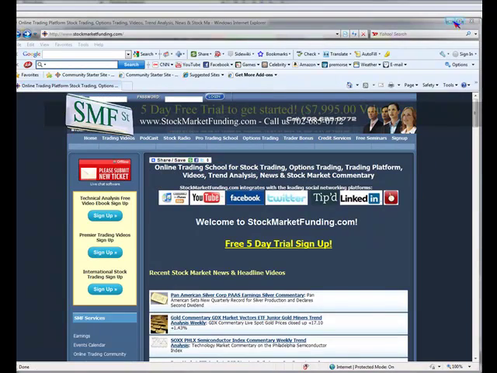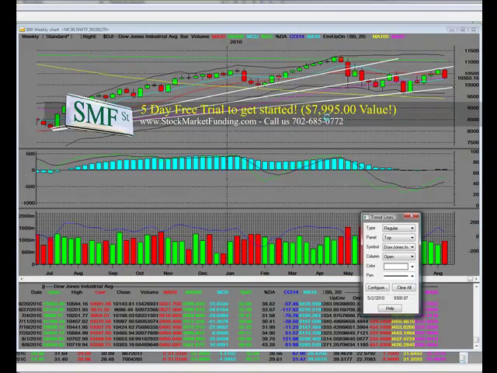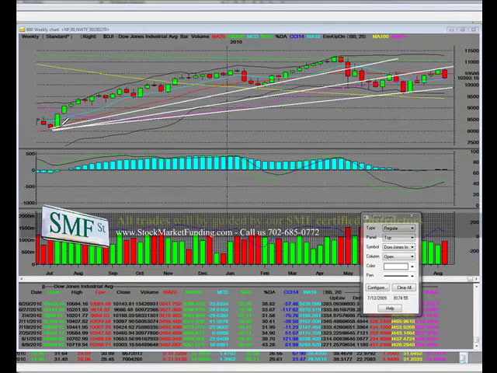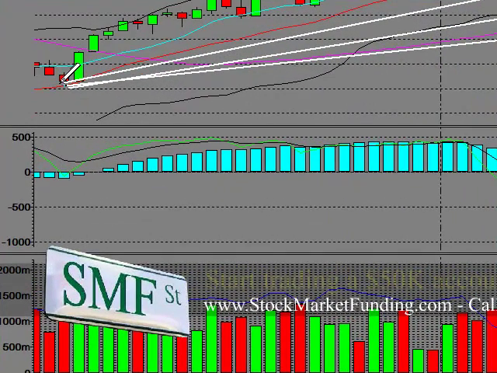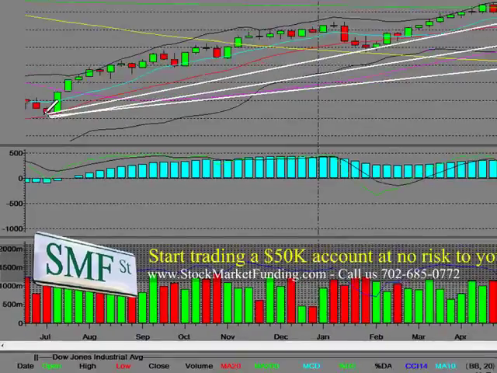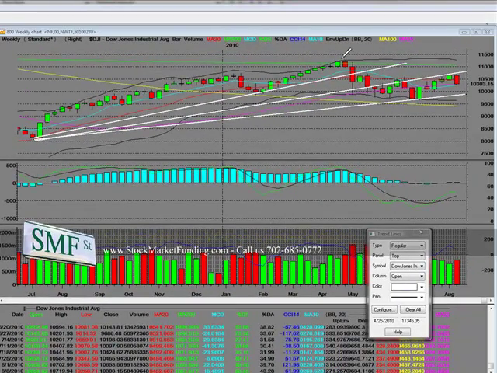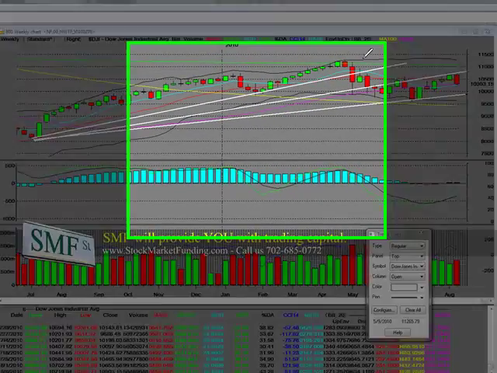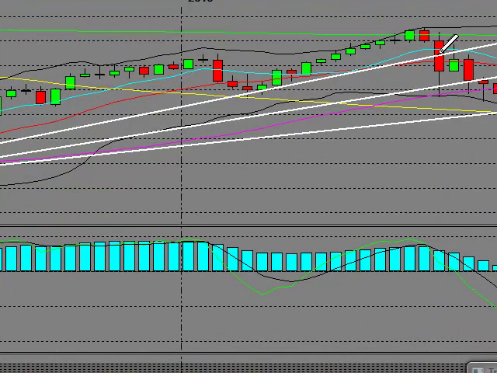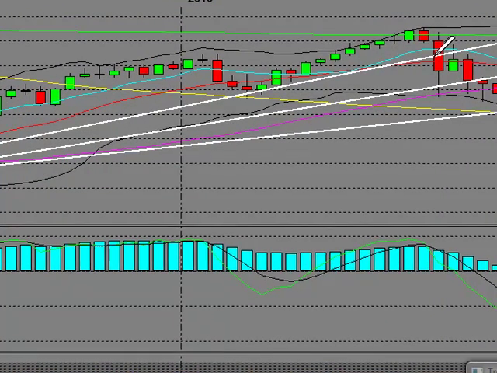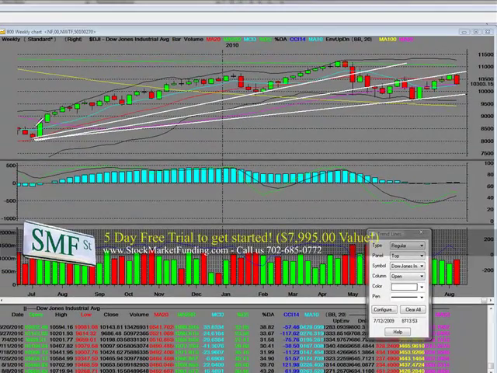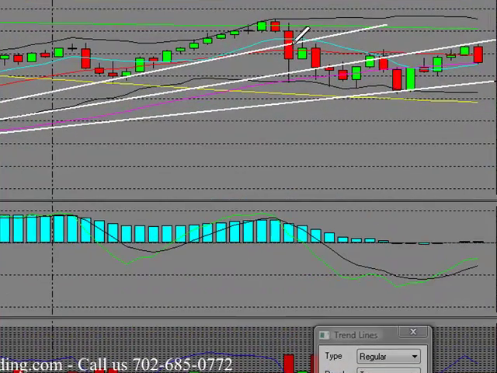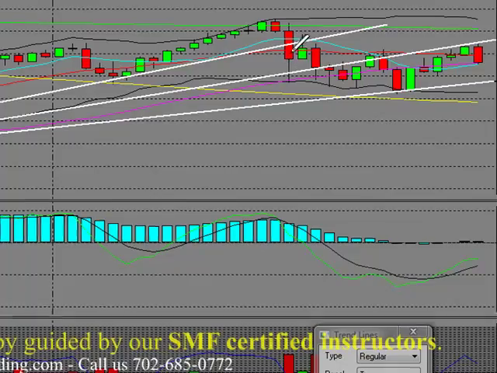So basically, I'm going back to the Dow chart. What you have is an upper trend line coming off of the lows of where the rally started in July of 2009. And we traded this whole rally up. The thing about it is that rally was broken right here in the middle of this bar, this SMF Street weekly bar, where this long-term rally broke to the downside.